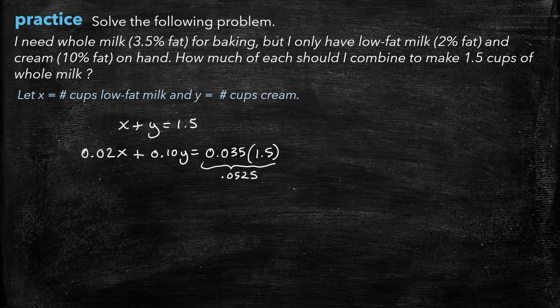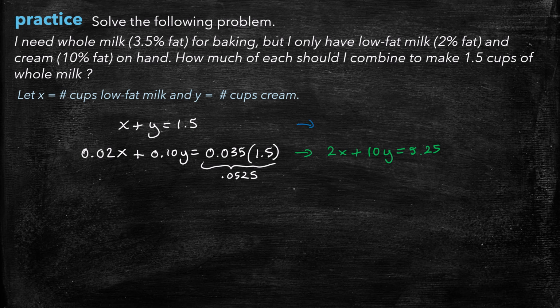Now, because I don't really like dealing with decimals, I multiplied the second equation by 100. So I got 2x plus 10y equals 5.25. You could choose to do the method of elimination or substitution.